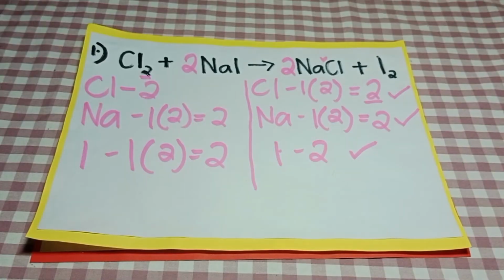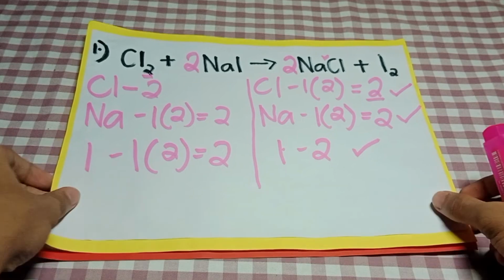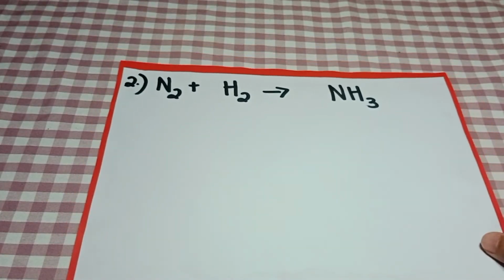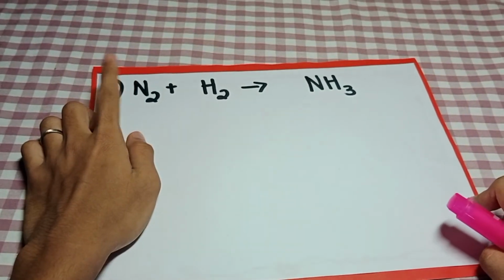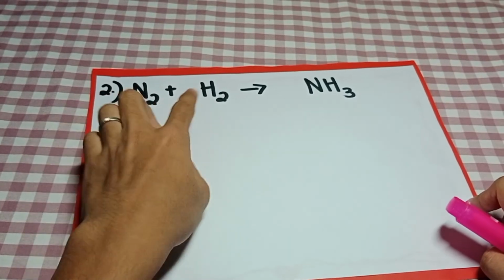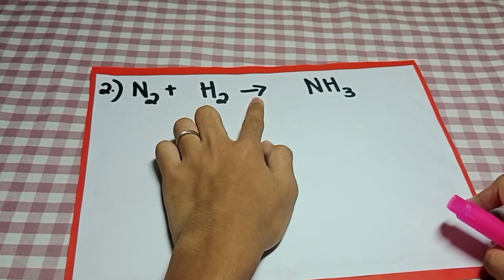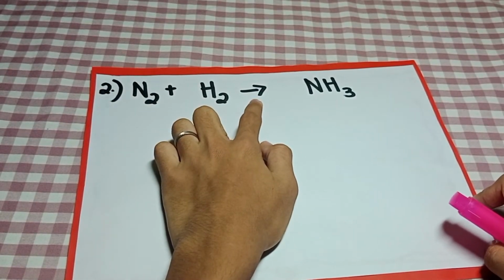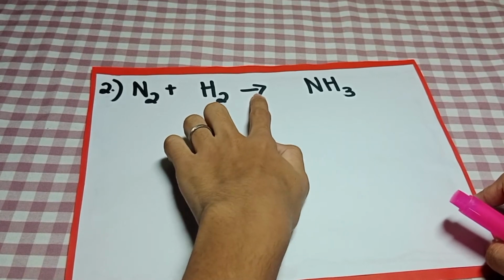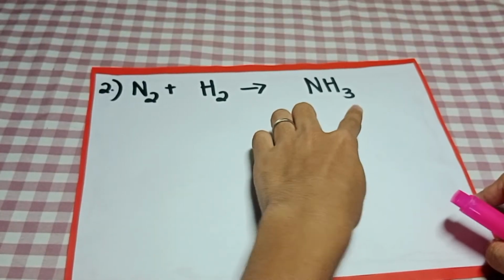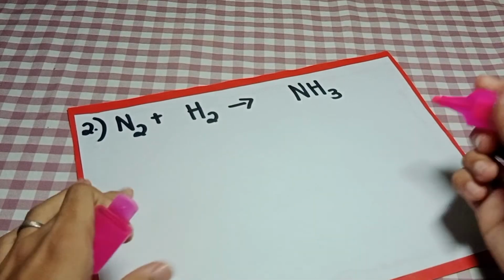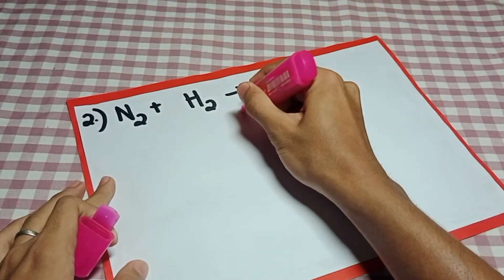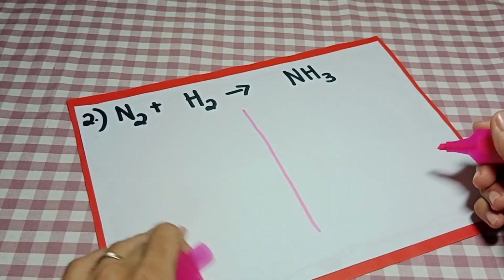So let's try another example. Here we have N2 plus H2, then an arrow, which means a chemical reaction to form a product of NH3. So again, we have to make a tally of the elements present on both sides.